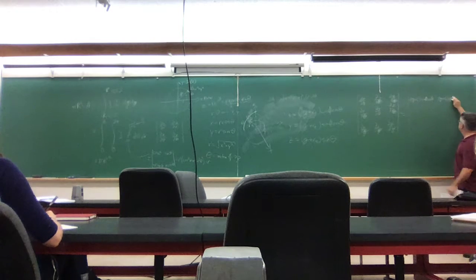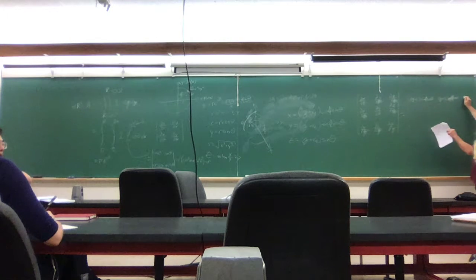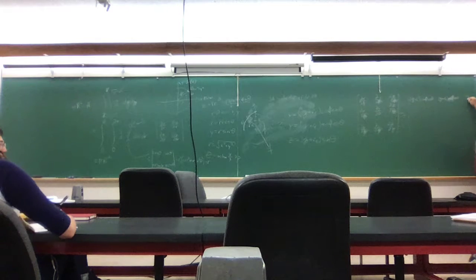Oh wait, no, I had sine theta. Now I've got cosine theta, that's right. Cosine phi, cosine theta. And then the other one is dz d phi, so 0. Everybody see what I'm doing?